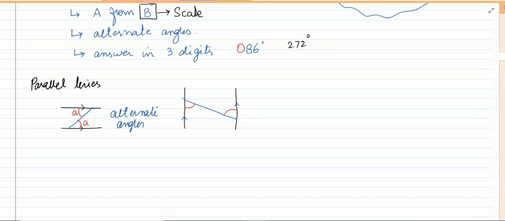If the lines are not parallel, you cannot conclude that the angles are alternate. So first thing, you must be clear regarding parallel lines, right? Now the second important thing, I'm going to write it down. That was the first one, the concept of parallel lines.